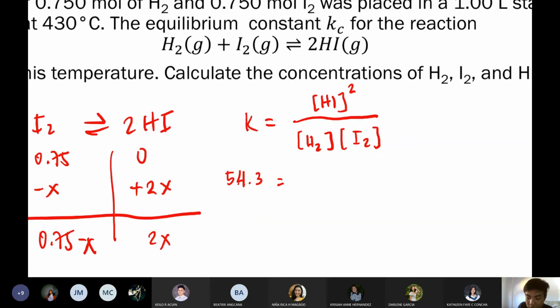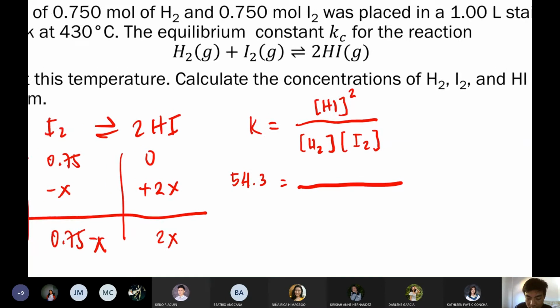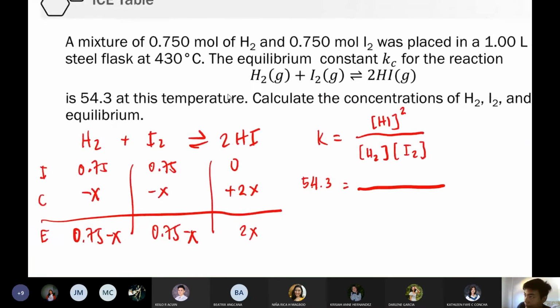That's equal to, what's the concentration of HI at equilibrium? According to the ICE table, the concentration of HI at equilibrium is 2x. So we plug in 2x, and it is squared.